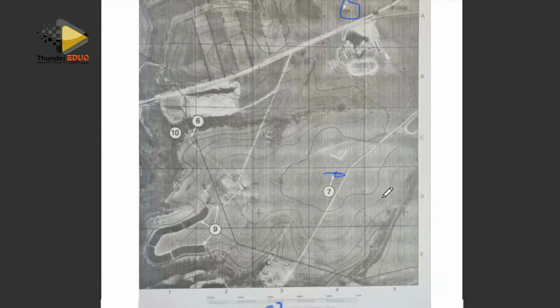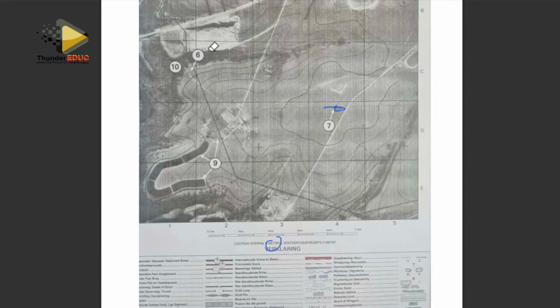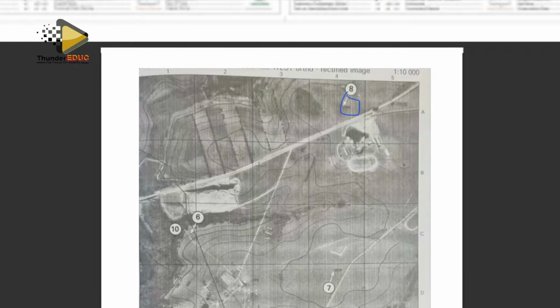We go quickly here. I will first of all take this out, and then you look for the height for that place and the height for the other one. Let me also take this one out.